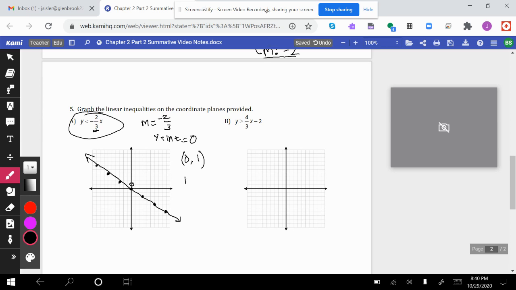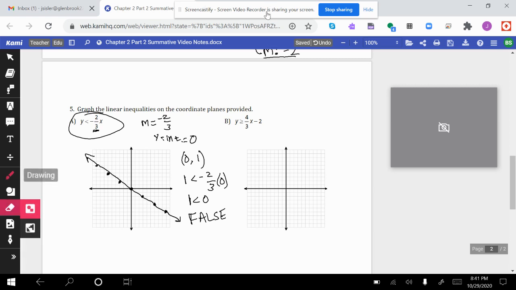So it would be 1 is less than or equal to negative 2/3 times 0, which ends up being 1 is less than 0 because any number times 0 is 0. And then I just have to ask myself, is that statement true? Is 1 less than 0? That is a false statement. We know 1 is greater than 0.